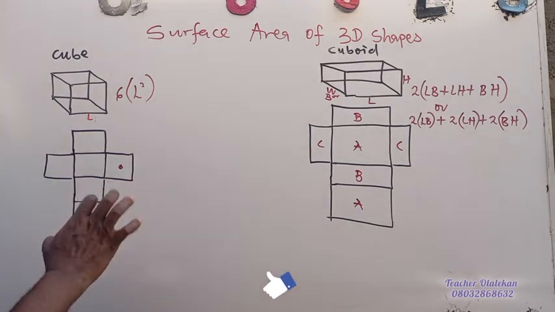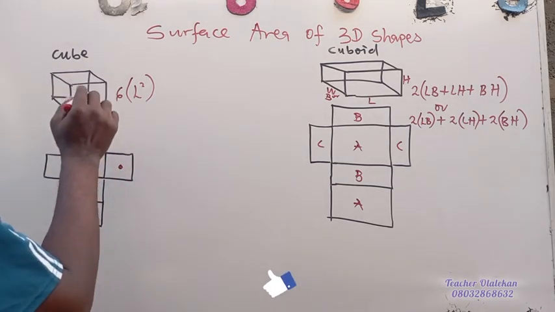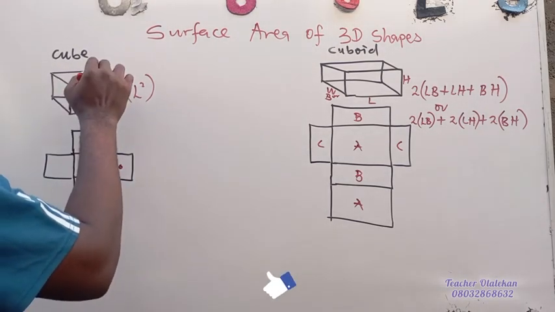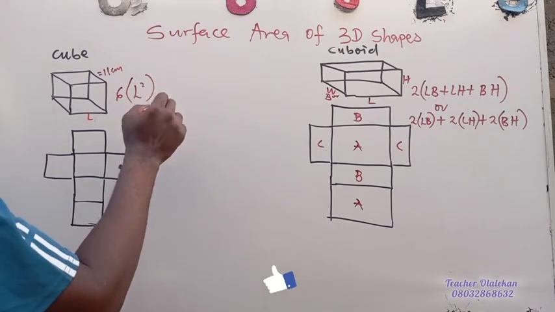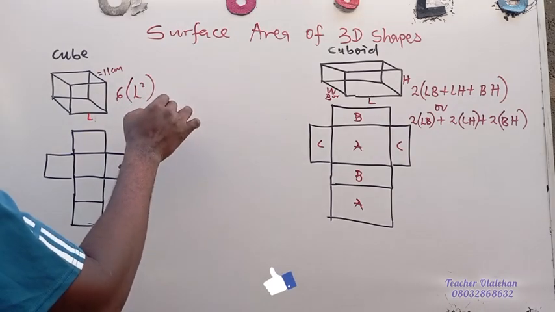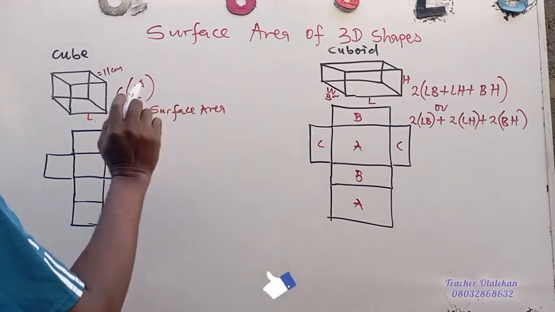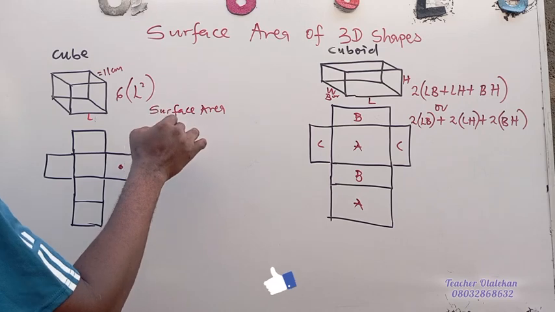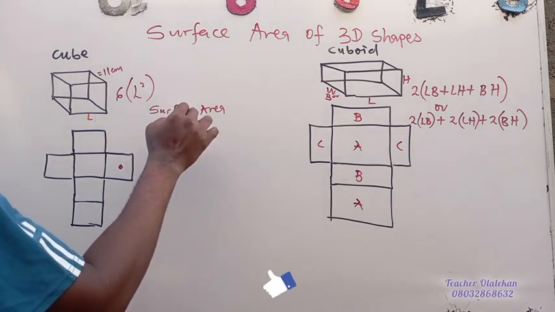Now let us allocate figures to what we have on the board, having known our formula. Let's say the length of this shape is 11 cm. So the surface area for this shape, first we call the formula, that's 6 times length square.